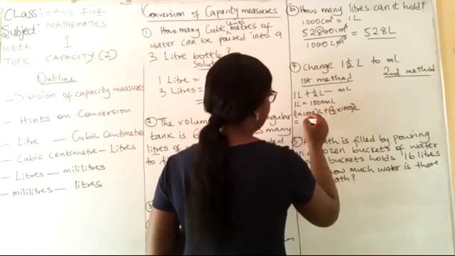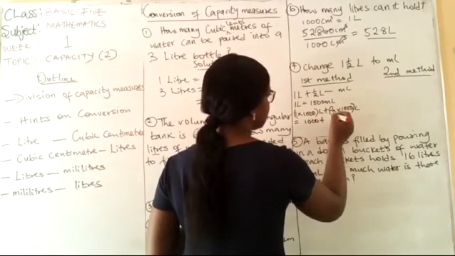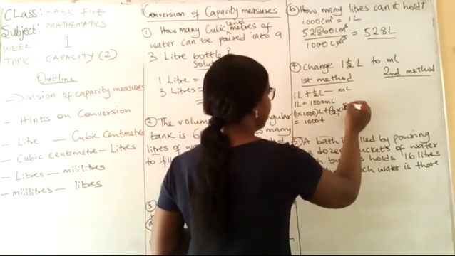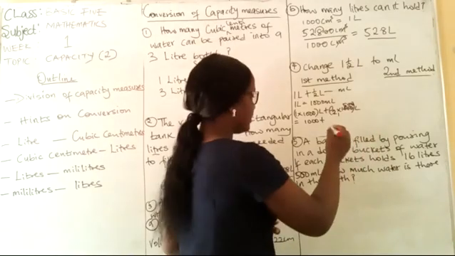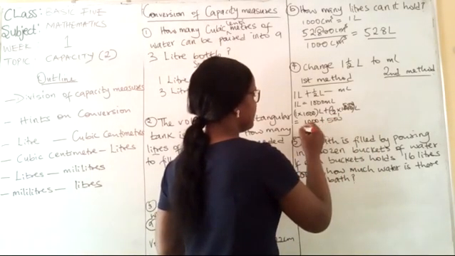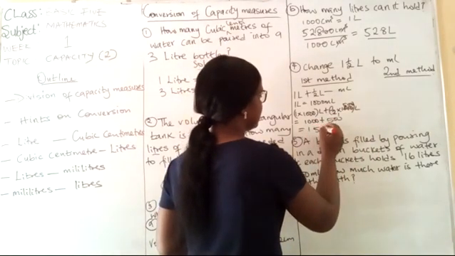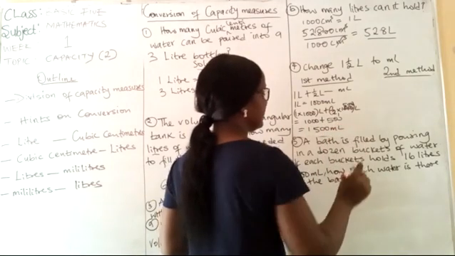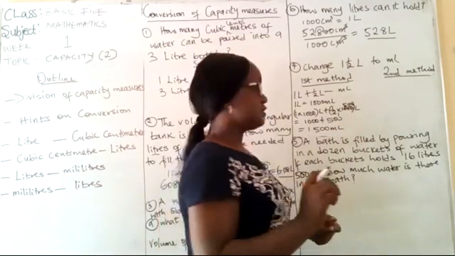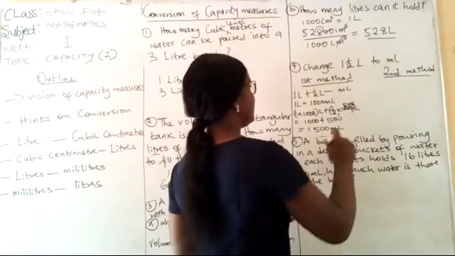So we have 1,000 plus this here is 500. Can we see that? Okay, so we have this plus this. That will be giving us 1,500 milliliters.